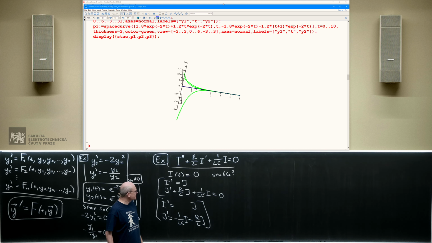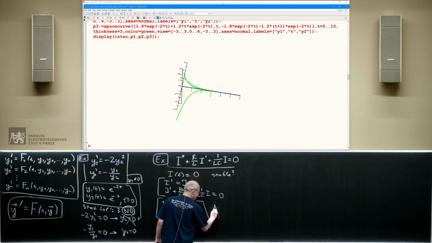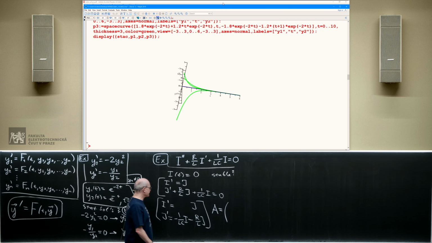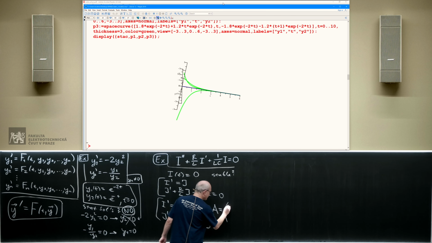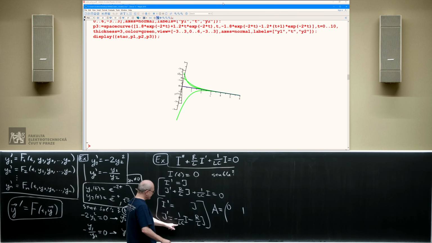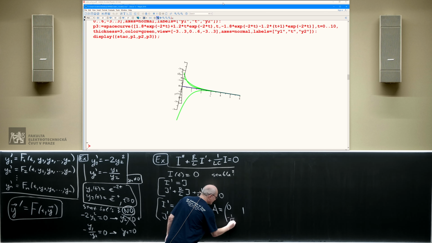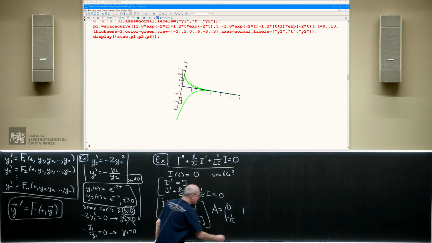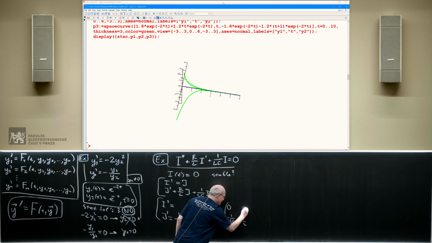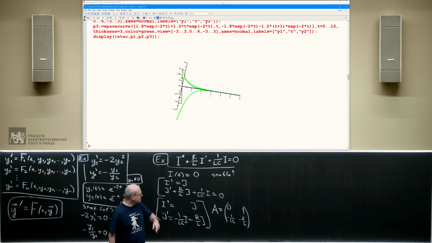How about stability? Well, for that I have to look at the matrix, first of all, and the matrix of the system is 0, 1, minus 1 over LC, and minus R over L. And now I look for the eigenvalues.